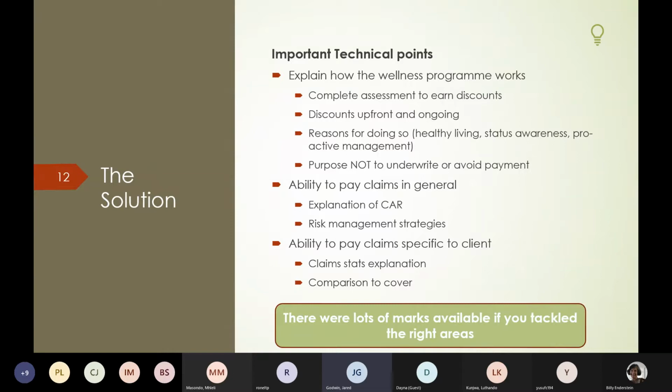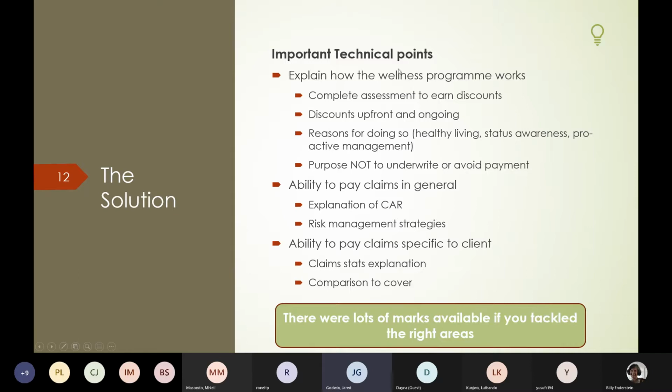As I say, we'll go through how that looks. If you are a borderline pass or borderline fail, then there's a good chance that your paper gets remarked by the head examiner. So just know that it's a rigorous process. We're going through it in detail, so don't feel that you're being hard done by if you didn't pass and feel that we missed something. It is quite a rigorous process.